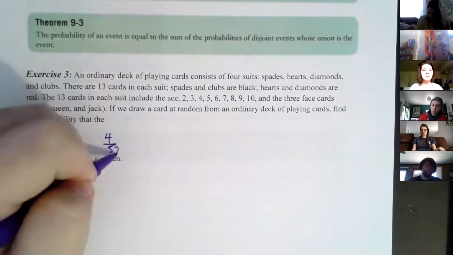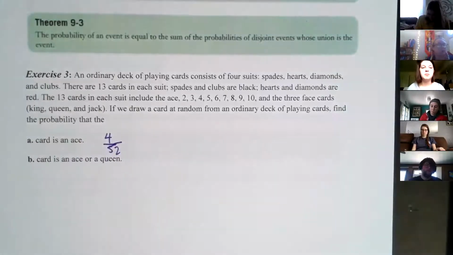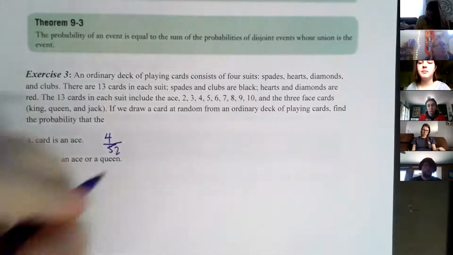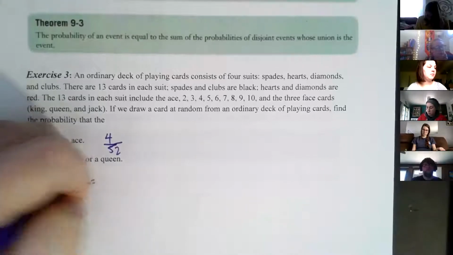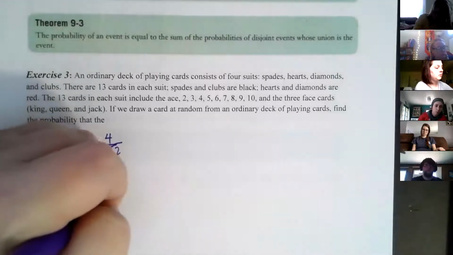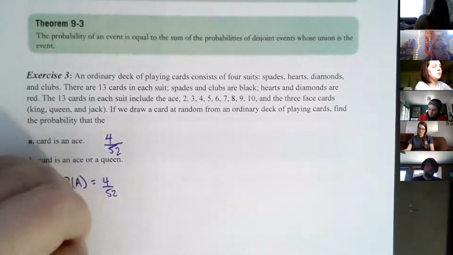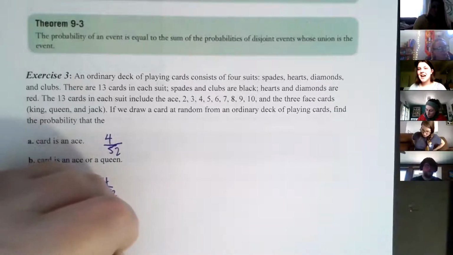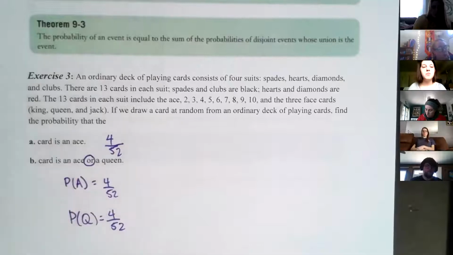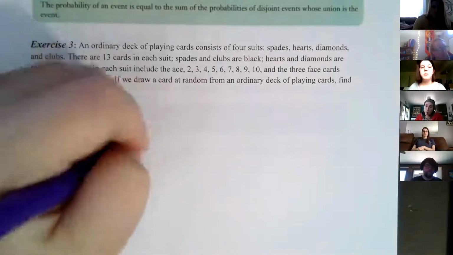Now I would want to know, what is the probability of me drawing an ace or a queen? 8 out of 52. Right, because you would have taken the probability of an ace, which is 4 out of 52, and then the probability of a queen, which is 4 out of 52. And by this being an or here, we would add them.